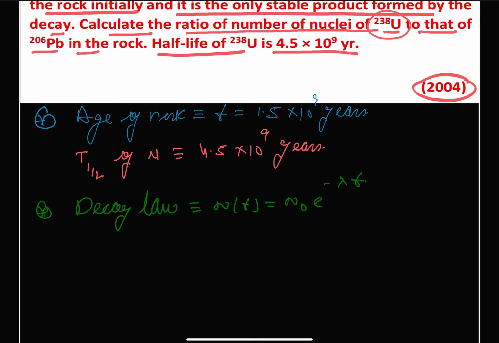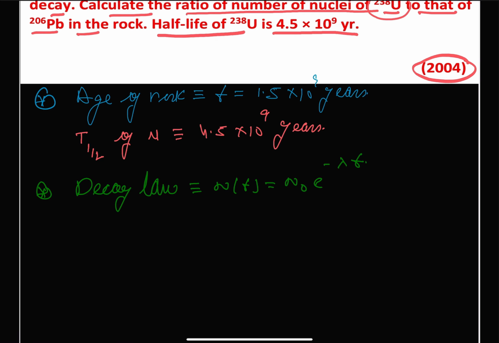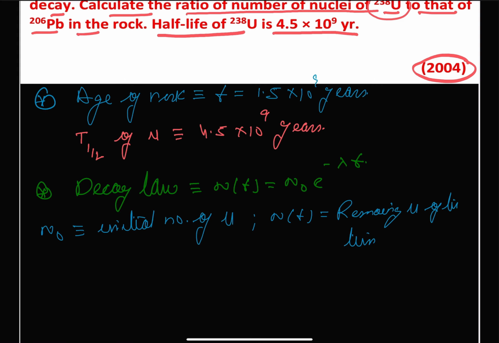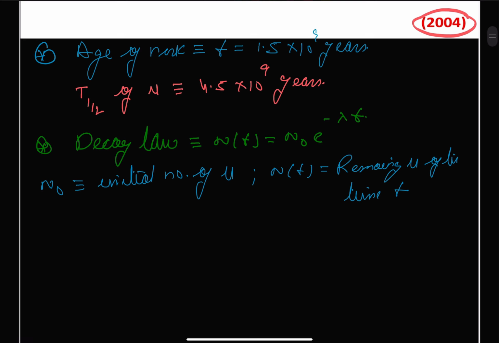And here, because initially only uranium is present, we can say that N naught is the initial number of uranium nuclei, and this N of t is the remaining uranium after time T. And we already know the value of lambda, that is a standard formula which gives us natural log of 2 divided by T half.